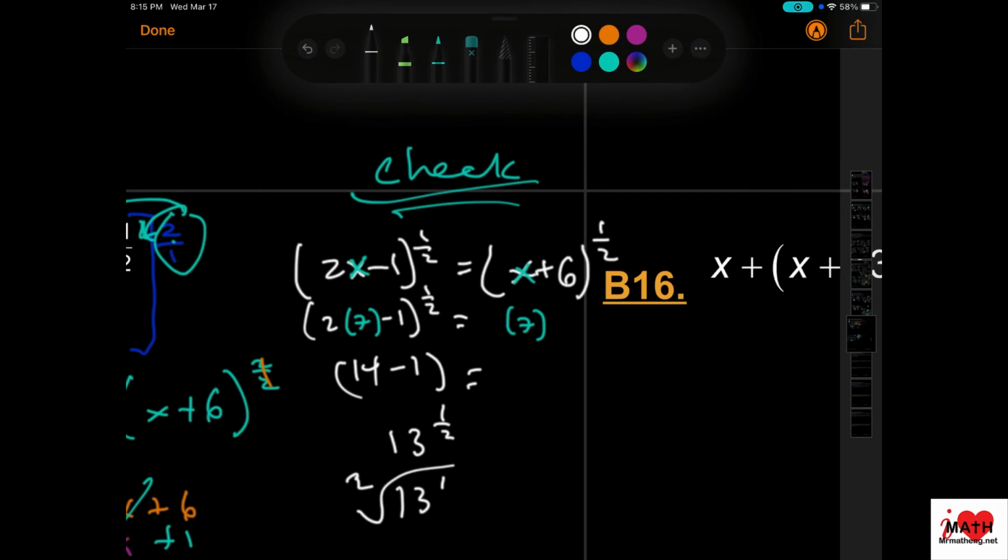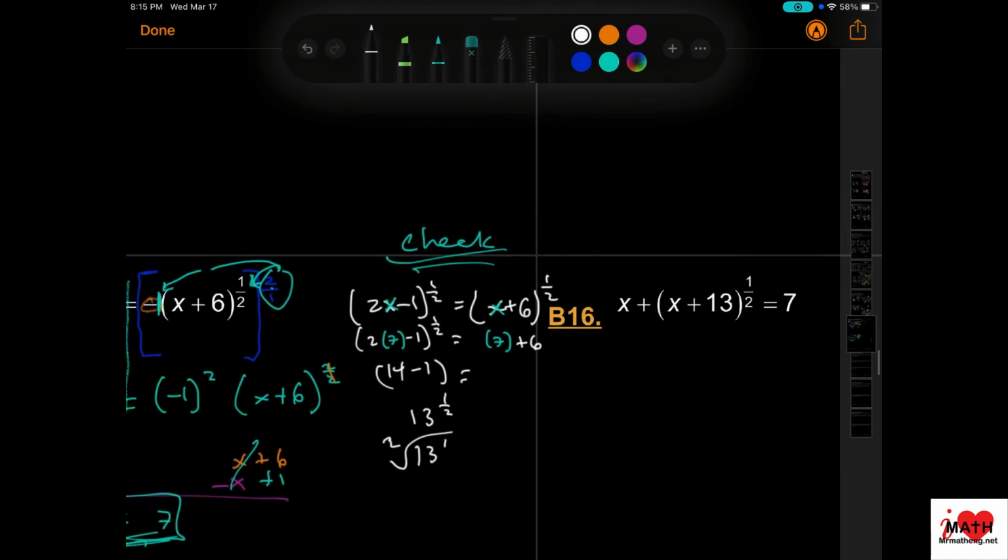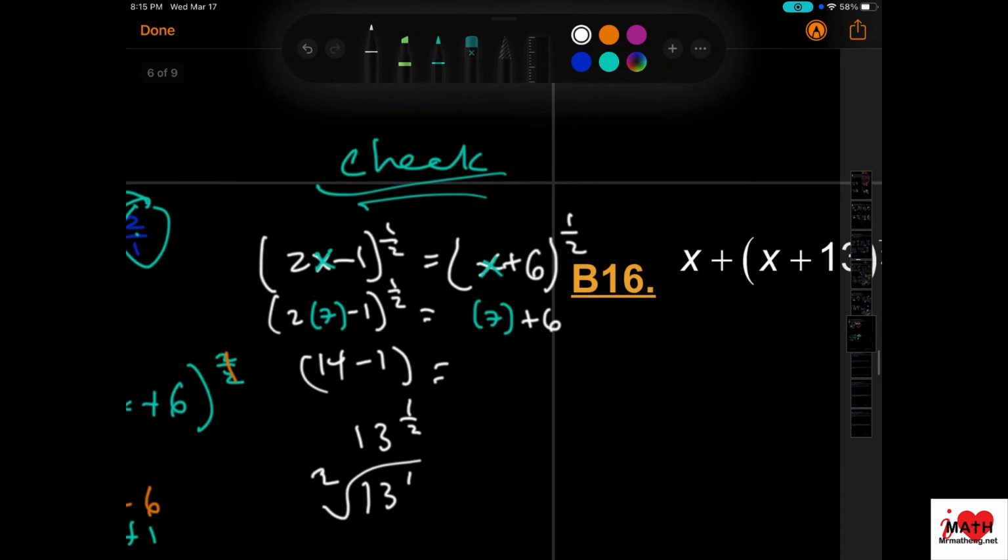Okay, this one is 7 plus 6. I forgot something. That negative sign. I'm going to leave that negative to the very end. Okay, so I basically have this, right?